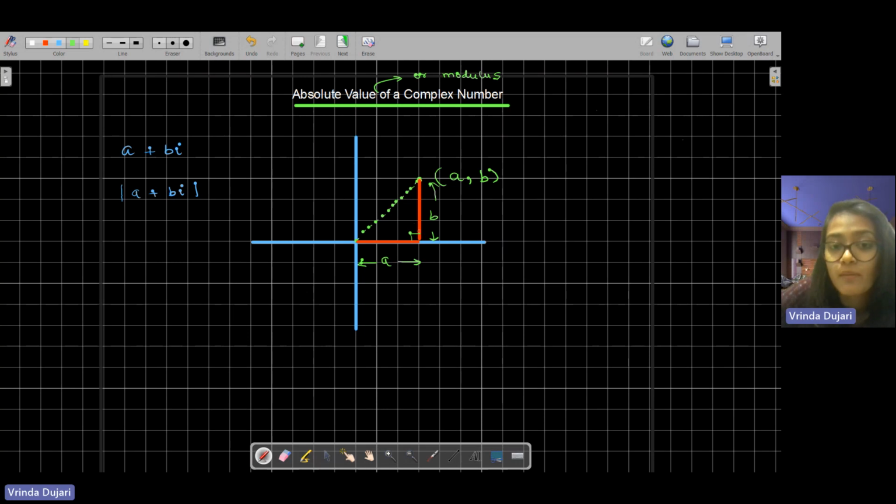And now if you remember the Pythagoras theorem, if you want to find out the length of the hypotenuse, this is nothing but the square root of sum of squares of the other two legs. So this is square root of a square plus b square, and that's it. So your absolute value of a complex number is given by square root of a square plus b square.